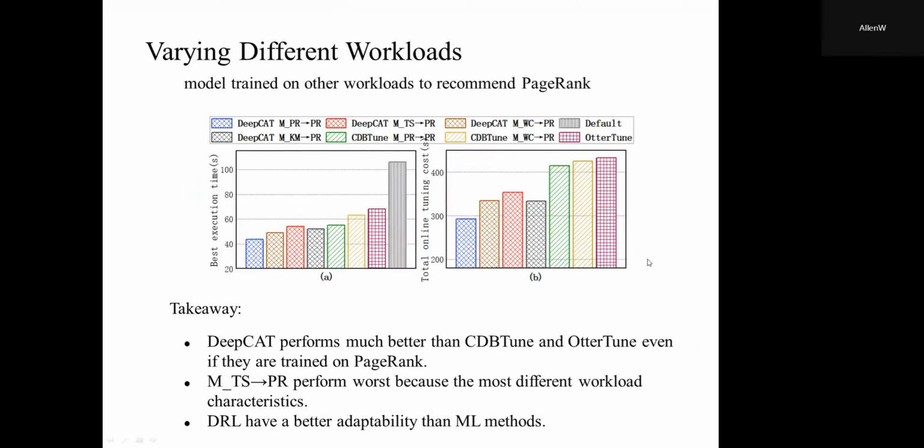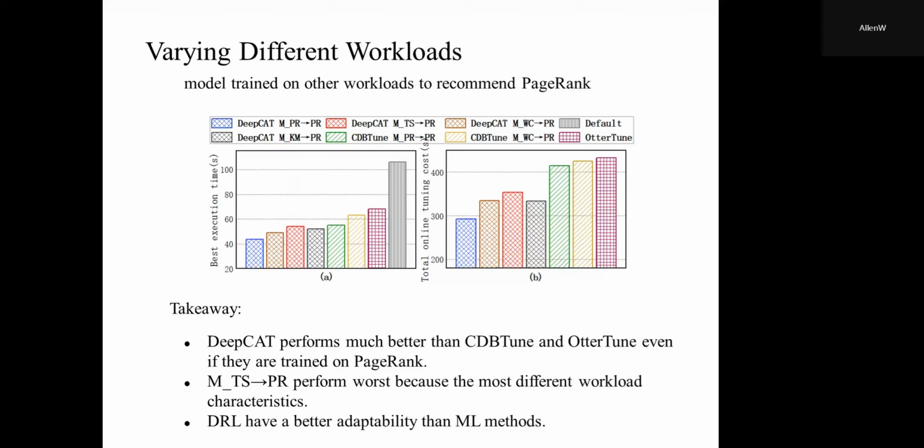Next, we evaluate the adaptability to different workloads. We use models trained on other workloads to recommend configurations for the PageRank workload. As you can see, DeepCAT performs much better than CDBTune and Ottertune, even if they are trained on PageRank. Second, we find the model from TeraSort to PageRank performs worst because of the most different workload characteristics.